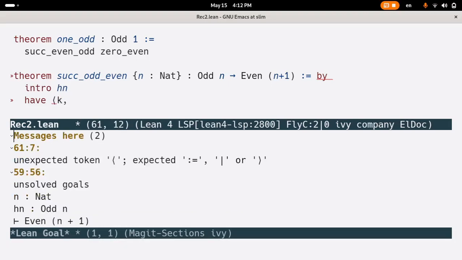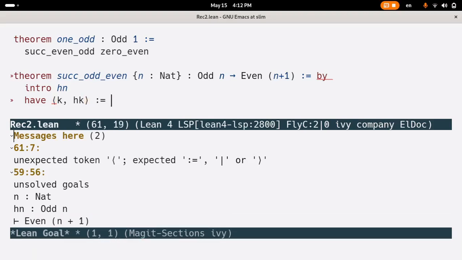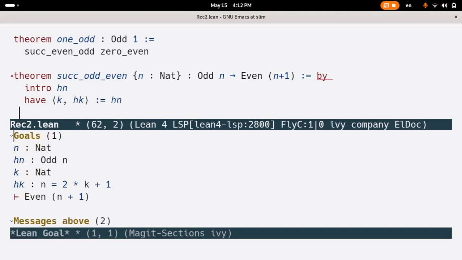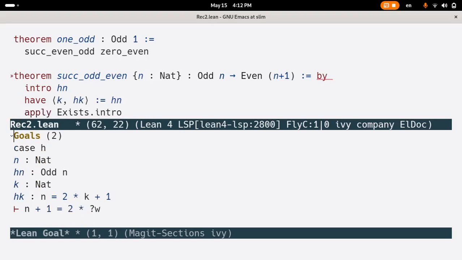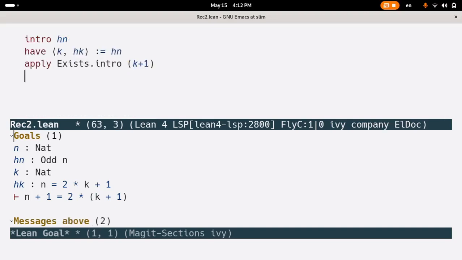We introduce odd n into the hypothesis, obtain the witness k, and the proof that the witness satisfies the proposition. Then we apply exists.intro with the value k plus 1. Then we rewrite the goal using the equation hk.